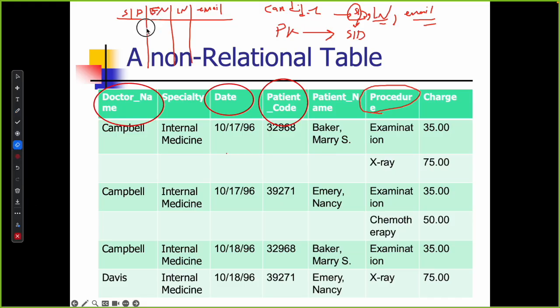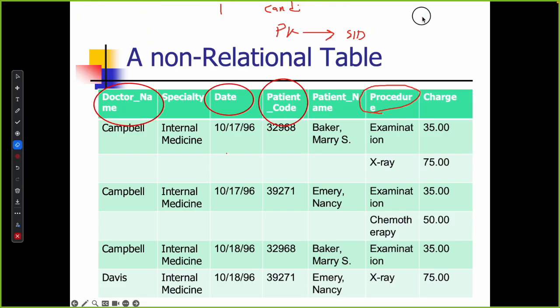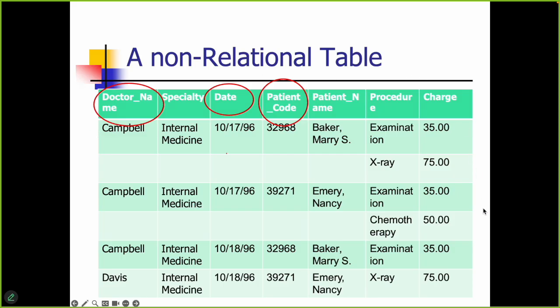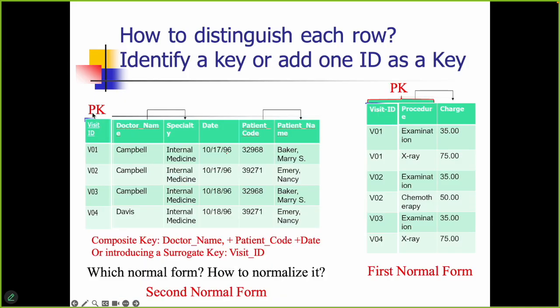And so let me also remove this. And that's why you see visit ID here. So let's say this is the visit report table, right? This table is just showing each visit, let's say each row. So let's add a visit ID as the primary key.